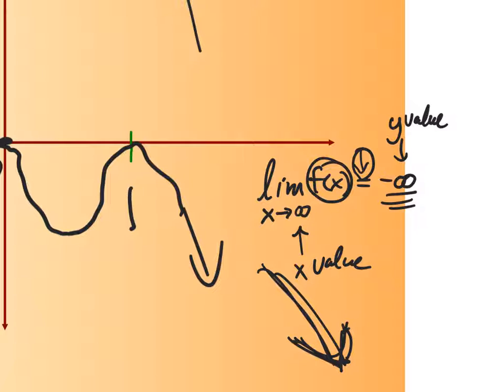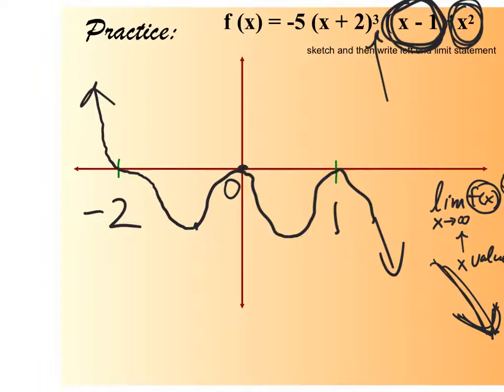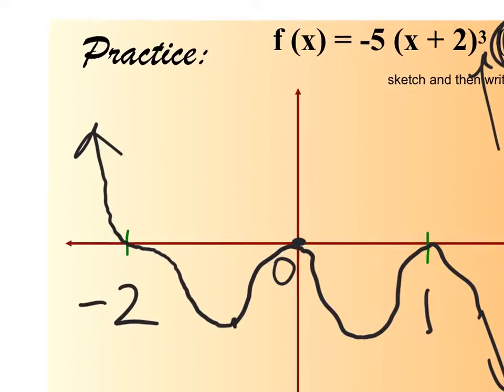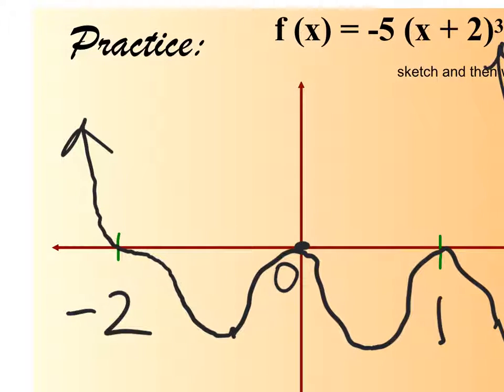All right. So then how do you think we say the left side? Don't say it, write it. If you really understood what we just did a second ago, you should be able to write the limit statement for the left end of this function.